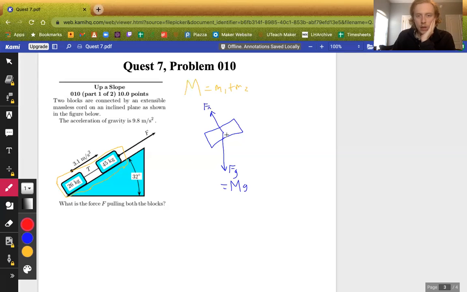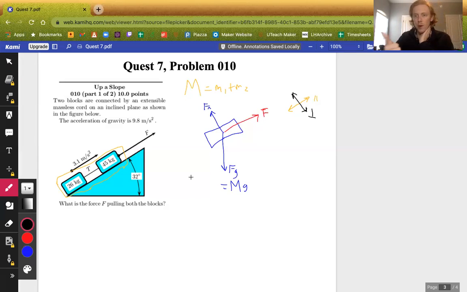And we have our applied force, which points parallel to the plane. That's what we're trying to solve, which is why I put it in red. Just a reminder that up and down the ramp is the parallel direction, and into and out of the ramp is the perpendicular direction.